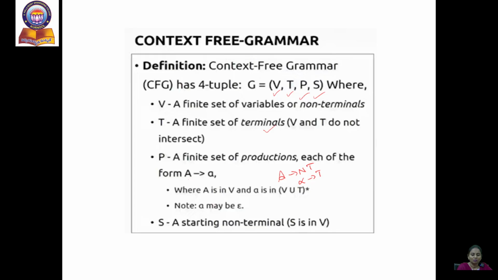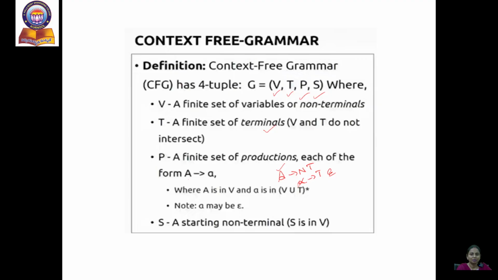A production is a combination of the terminals and the non-terminals, but on the LHS side it should consist of a non-terminal. A non-terminal can produce any sequence or any combination of terminals and non-terminals. Sometimes alpha can be an epsilon also.